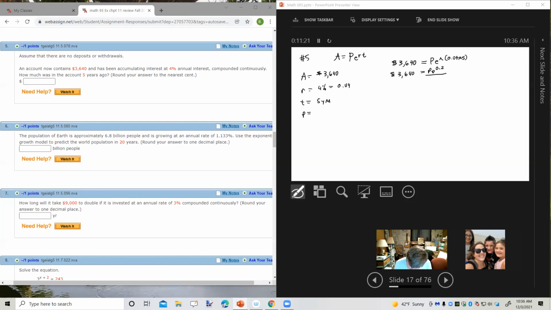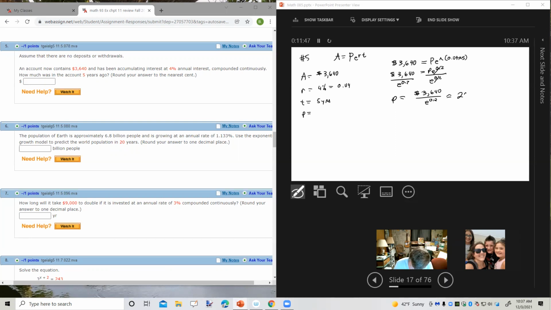So now I'm going to divide both sides by e to the 0.2 power. So P equals $3,640 divided by e to the 0.2 power.